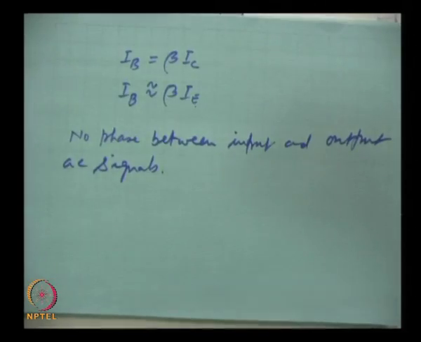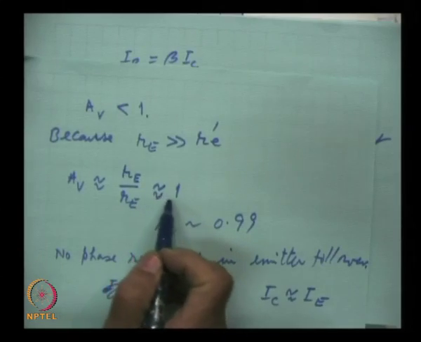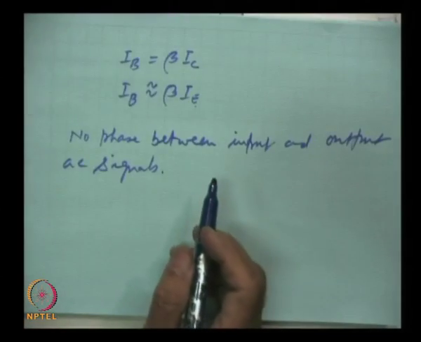Now, there is no phase reversal, that means the output follows the phase of the input, and also the gain in this is close to 1, gain is 1. So, magnitude is also high, magnitude of output is also the same as the input.